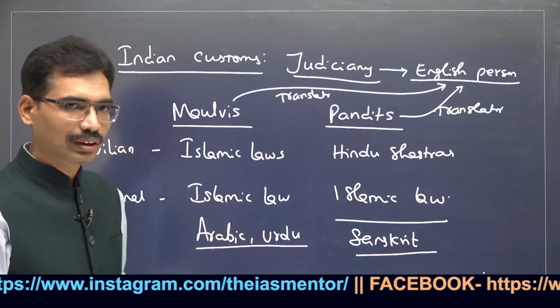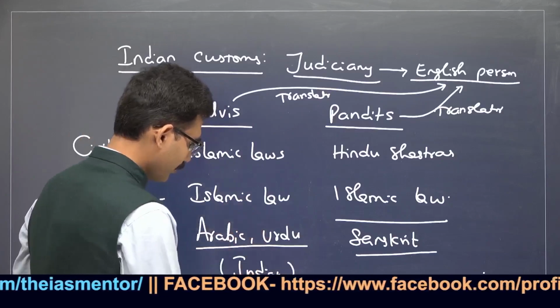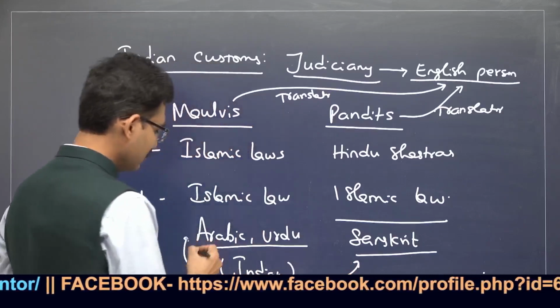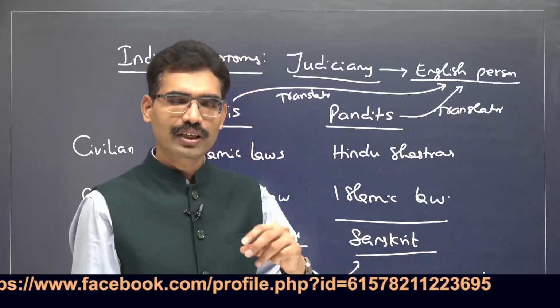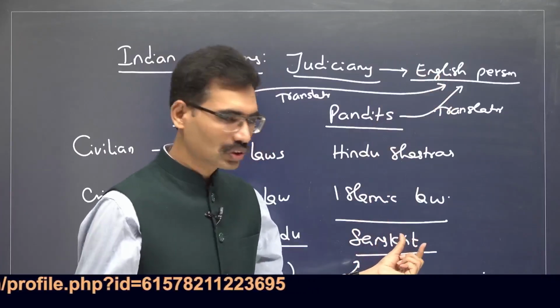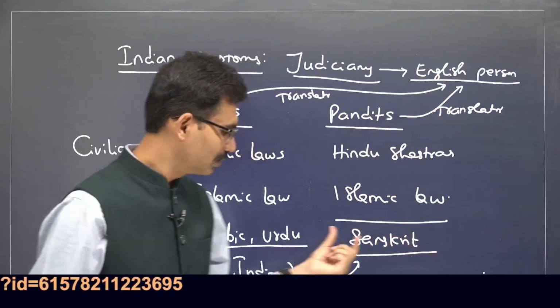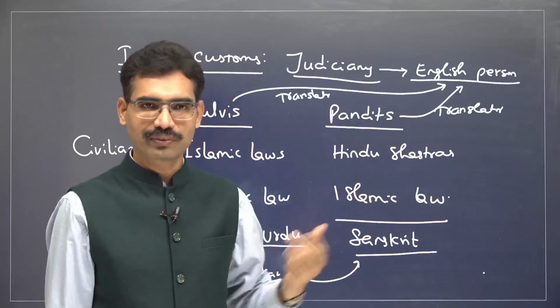Now, these are all Indians. To understand Indians, this person should know about Indians well. If a person wants to know about Indians, that person needs to have command over Sanskrit also, Arabic also, Urdu also, whatever regional language is required.